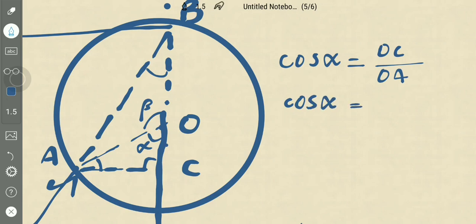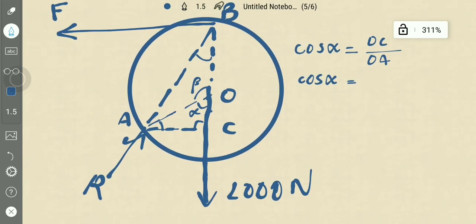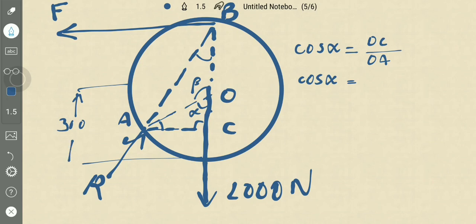Cos alpha is equal to, what is OC? We know that the radius is 300, and the curb height is 150.